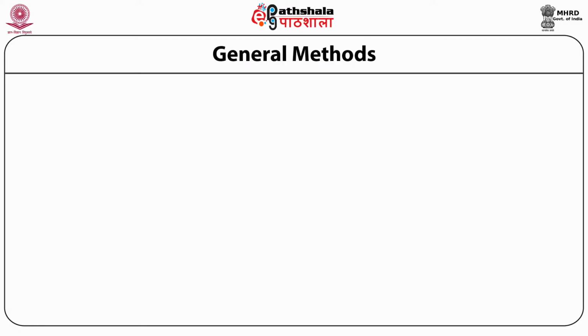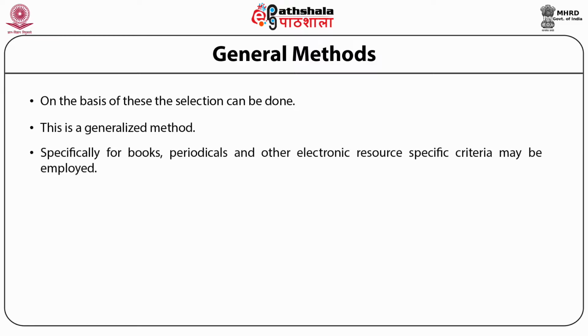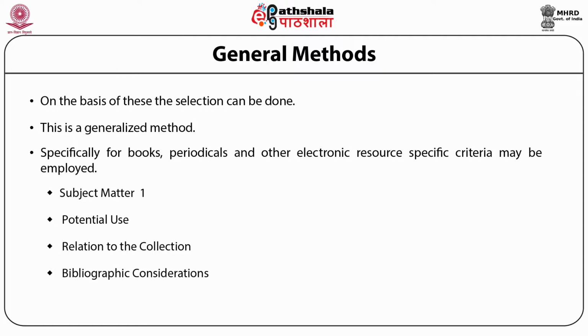There will be certain general methods, on the basis of which the selection can be done. This is a generalized method specifically for books, periodicals, and other electronic resources. First is subject matter, second is potential use, third relates to the collection, fourth is bibliographic consideration, and the last is the cost.